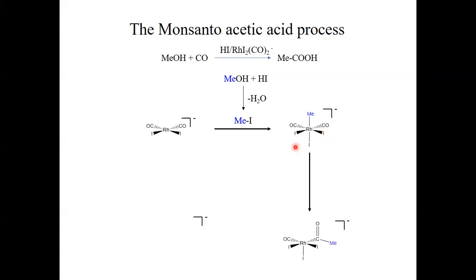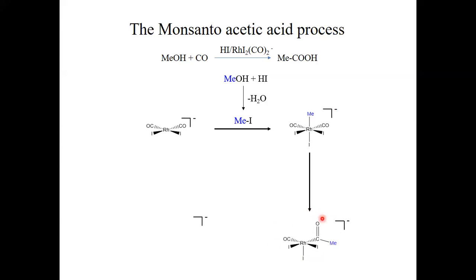But regardless, this can now undergo a follow-up reaction. We see again we have a carbonyl group, which is an unsaturated group, next to a methyl group, which is an anionic group. So that can undergo a migratory insertion. The carbonyl group gets inserted into the methyl rhodium bond here.